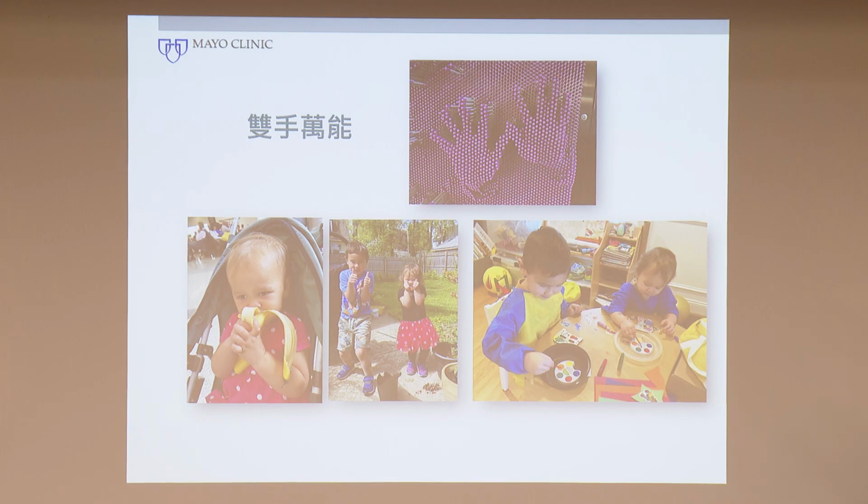So the hand is very versatile. It's very useful. Even nowadays, I didn't have a picture of a hand with an iPhone. Of course, I didn't give them an iPhone. Otherwise, you can see that without your hand, you cannot play with your iPhone. If you cannot play with your iPhone, you don't even know how to pass your day. So the hand is very important.